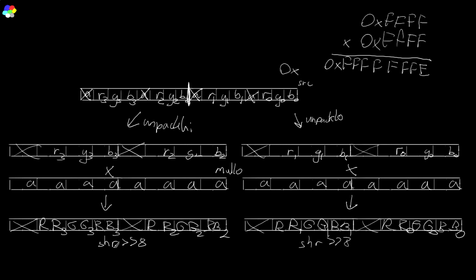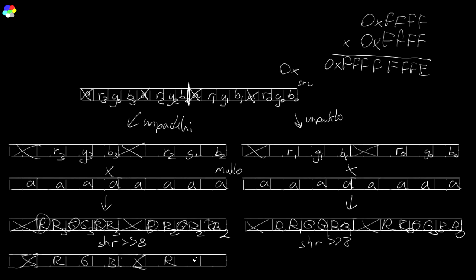And what that'll do is that'll just take these high 8 bits and shift them over. It's the same as dividing by 256. And the result is going to be RGB. And the same will be for here, so I'm not even going to write it. But you get the general idea.